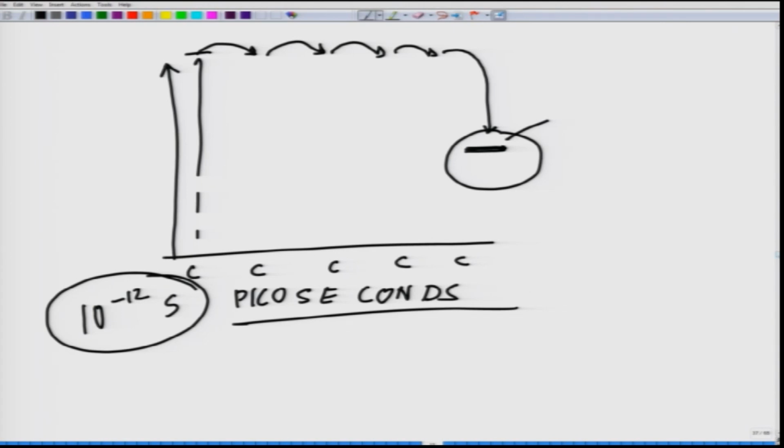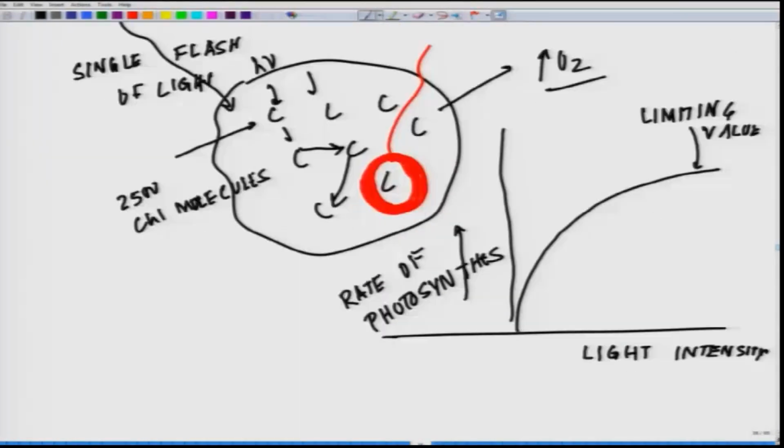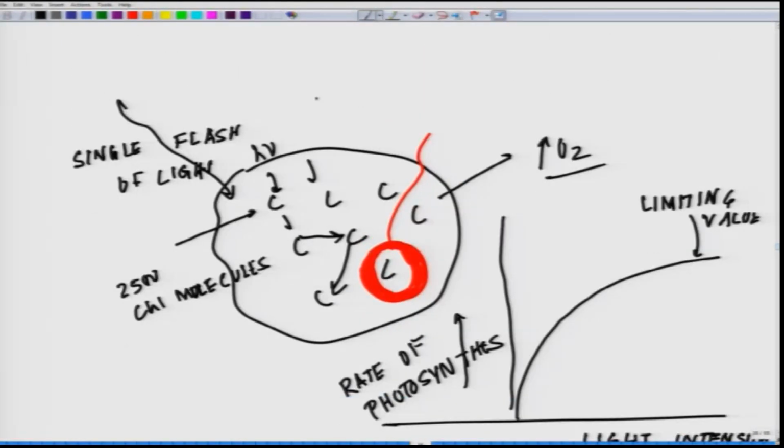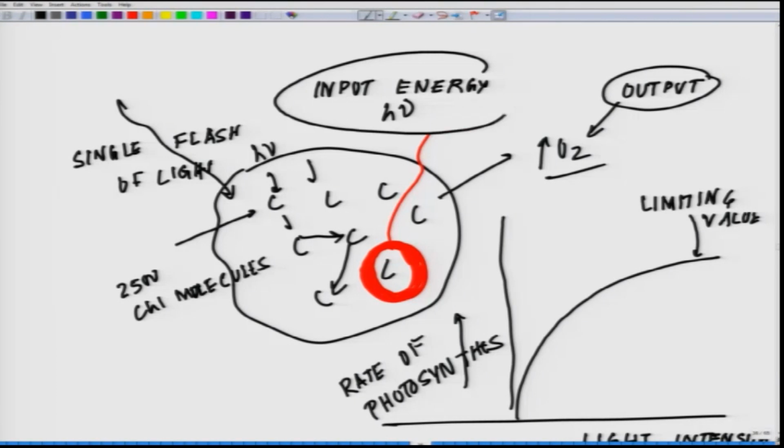This is all you needed to know about the reaction center. In terms of energetics, it gives you an idea of what the input energy is and what the output is. Input energy in terms of photons. This is the first point I want you to take into account.